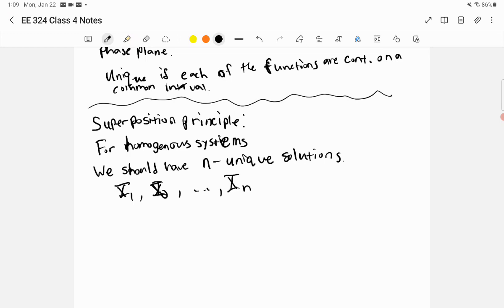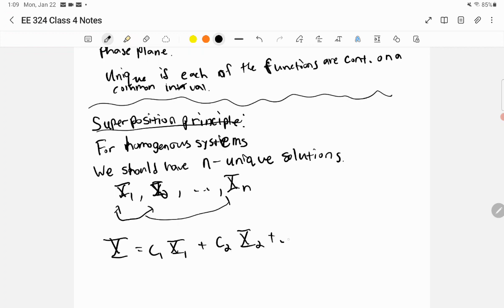And the superposition principle, as you should remember, says that if I have each of these n solutions, then another solution could be C1 times x1 plus C2 times x2 plus ... Cn times xn.